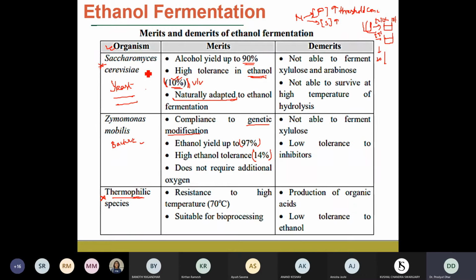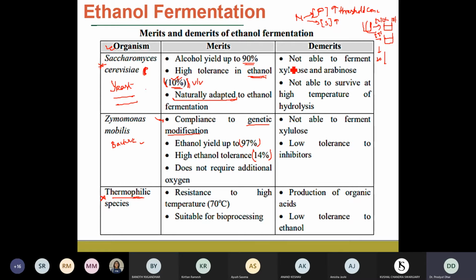So we selectively cut out a desired gene fragment from this type of yeast and insert it into E. coli using genetic engineering approaches, and we modify them so that they start to produce, for example, alcohols.